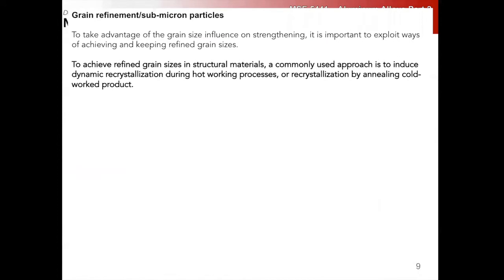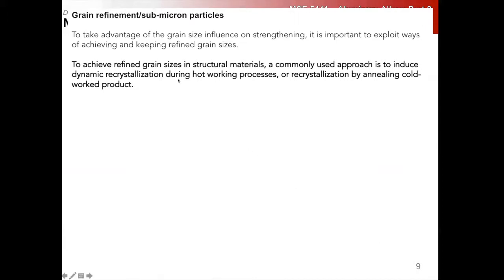But aluminum's interesting. In aluminum, we can refine the grains very, very small and keep them more stable than we can in other FCC systems. So the Hall-Petch slope is low, but if we can get the grains really, really small, we can still have a significant Hall-Petch effect.